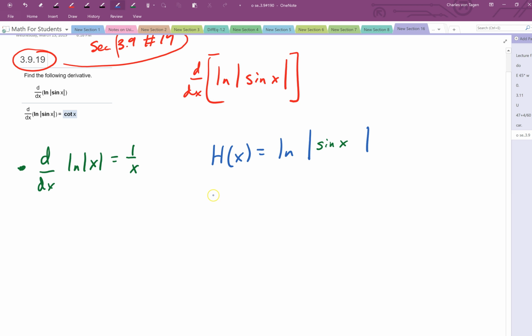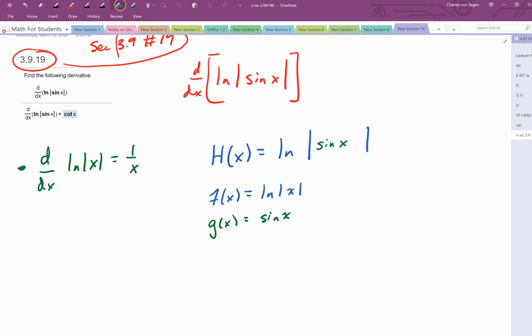So I can define an outer function, let's call it f of x, and say that f of x is equal to the natural log of the absolute value of x. And then let's define the inner function, g of x is equal to the sine of x. Okay?